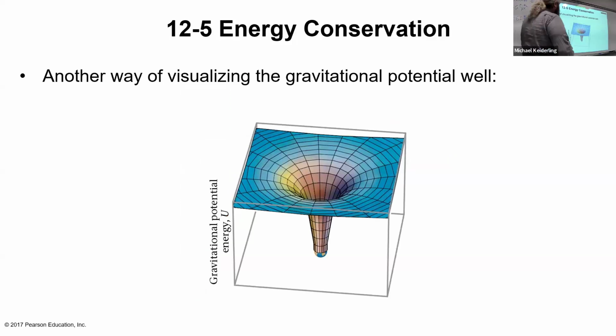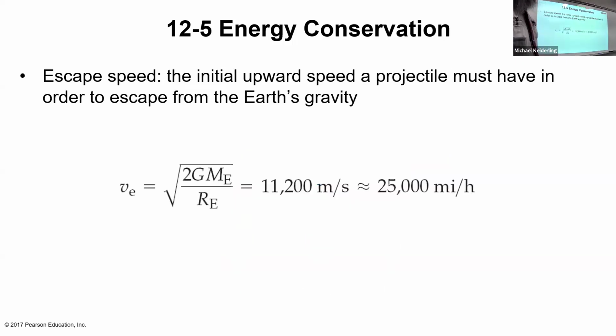Another way is you can visualize it as a well, and things would roll down into the well. Now, the escape velocity or escape speed is the initial upward speed a projectile has to have in order to escape from something's gravity. It's just enough kinetic energy to equal the potential energy.